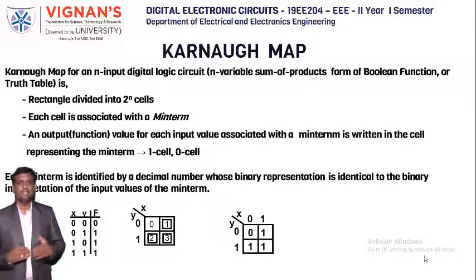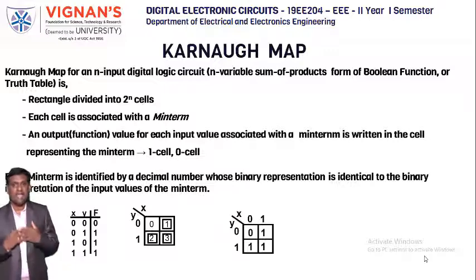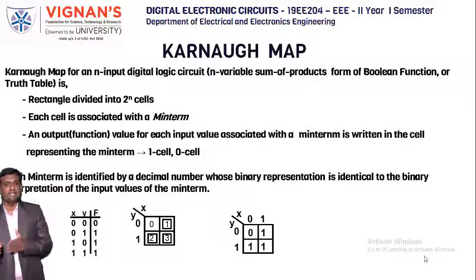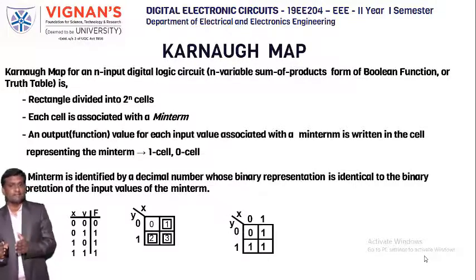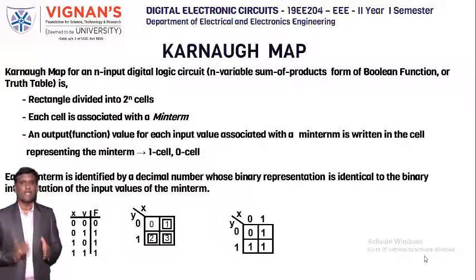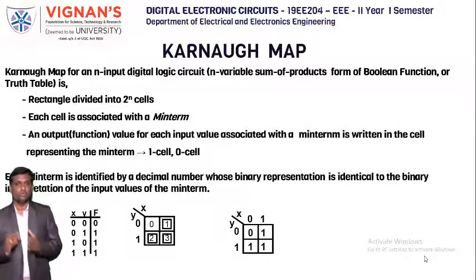That's why in the truth table, where I have ones in the output, the corresponding cells in the K-map, I am going to assign value 1 for those cells.